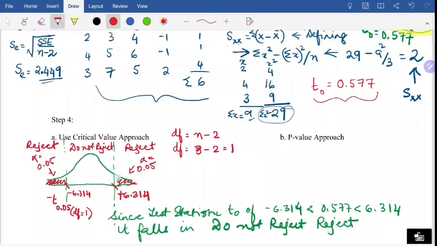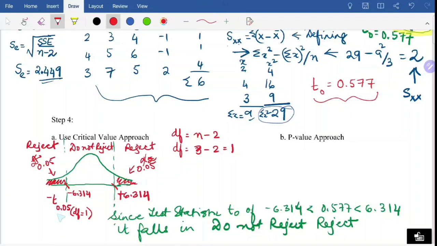In the critical value approach, we have to define our reject and do not reject regions. Because this is a two-tailed test, we have reject regions on both ends of the curve and the do not reject region in the middle, and each side has an area of alpha by 2. Let me fix this. It should be alpha by 2 and not alpha. So alpha by 2 on the right hand side is 0.05, on the left hand side is also 0.05.